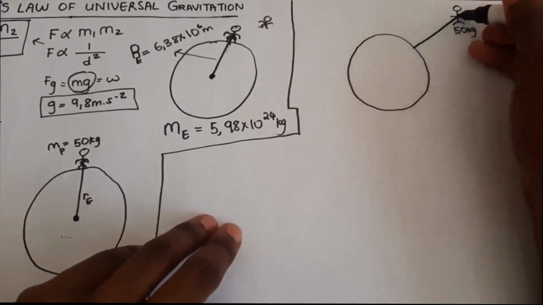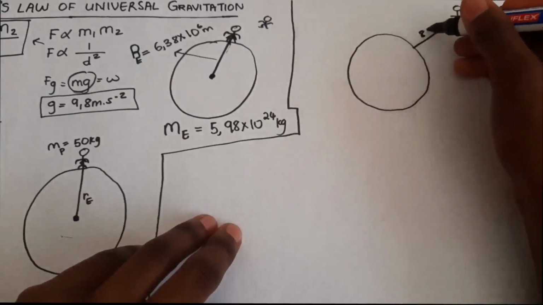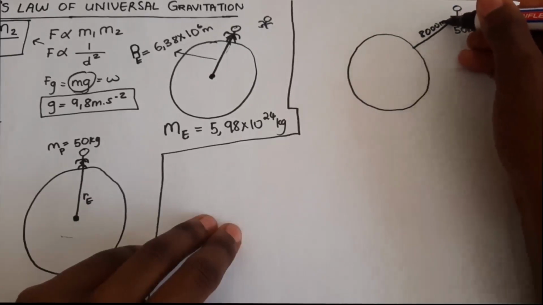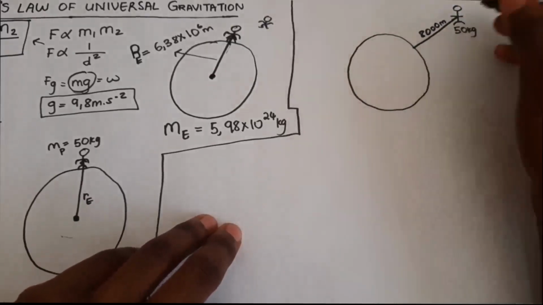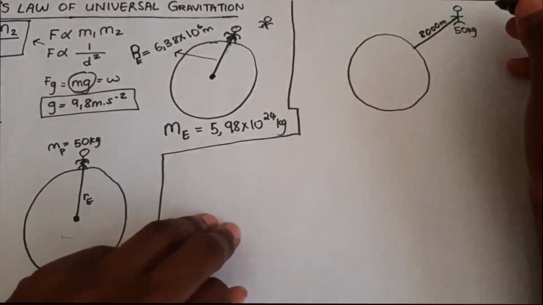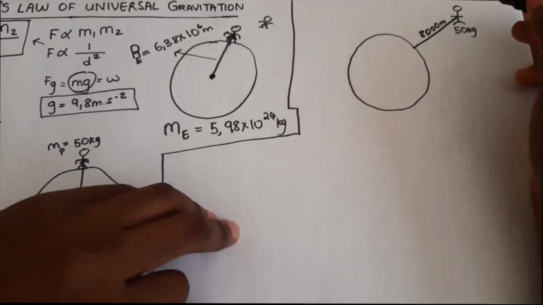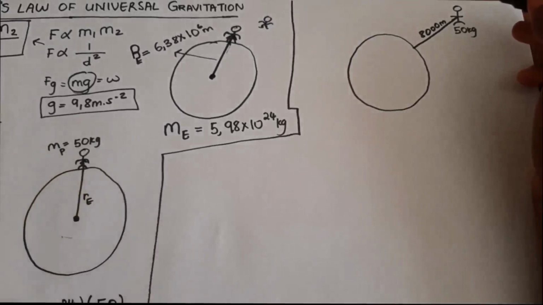So the distance from here to here is 8,000 meters. So right now, let's calculate the gravitational pull between that person and the earth.